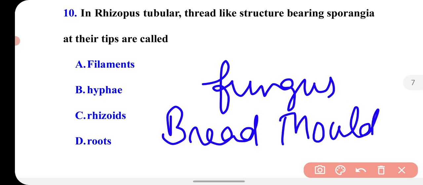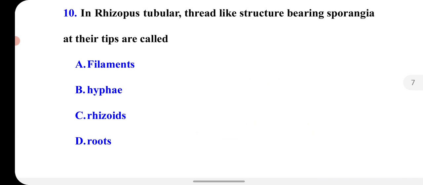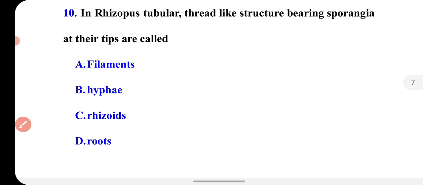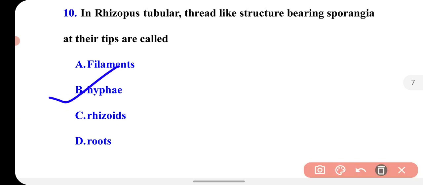The fungus has tubular thread-like structures, on the tip of which they have sporangia, and in the sporangia the spores are found. What are these tubular thread-like structures called? Filament, hyphae, rhizoid, root. The correct option is hyphae.